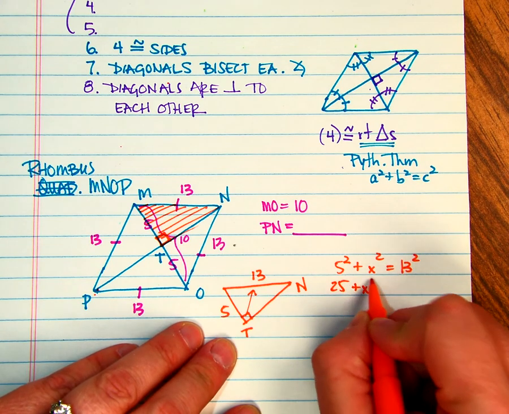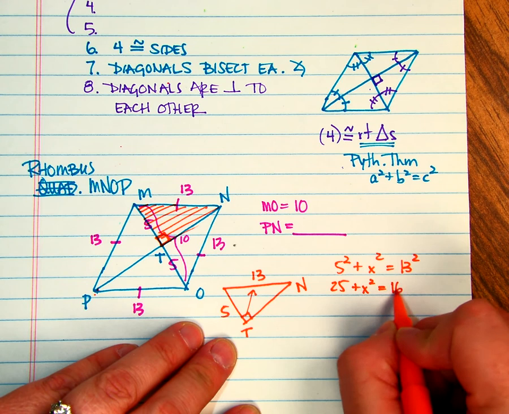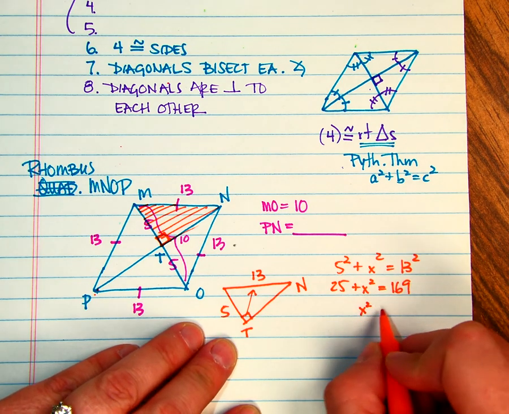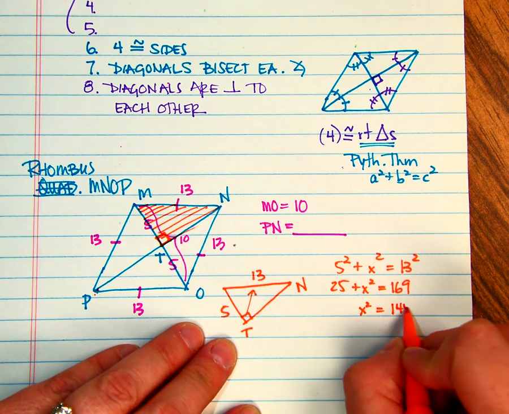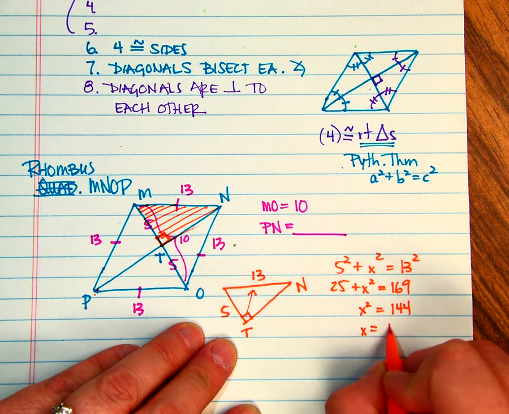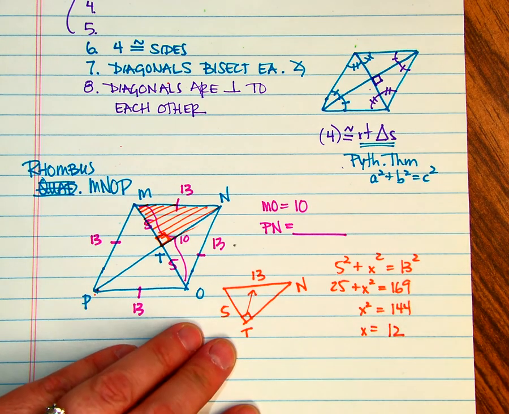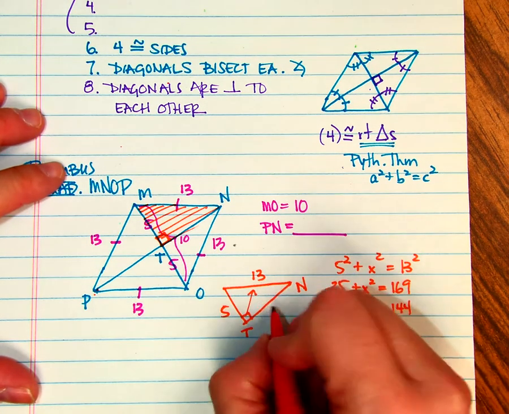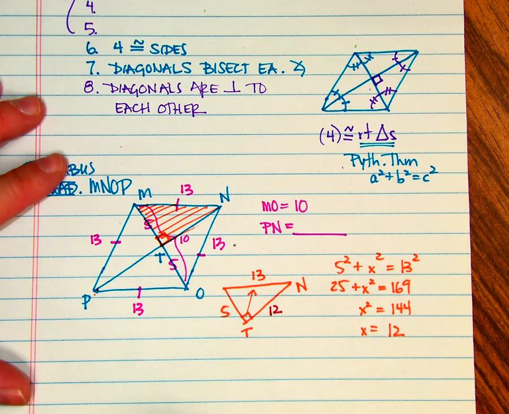25 plus x squared equals 169. Subtract 25 on both sides, I get x squared equal to 144. So I have x equal to 12. So what we just found is that TN is 12.